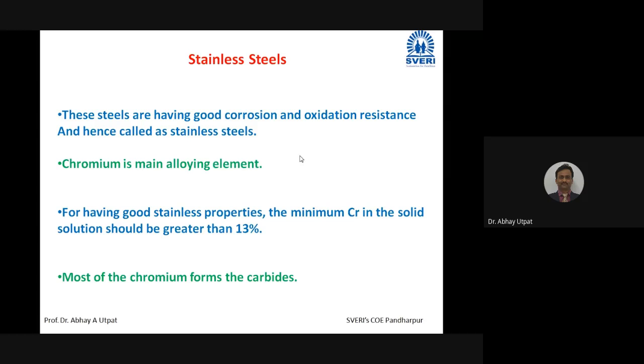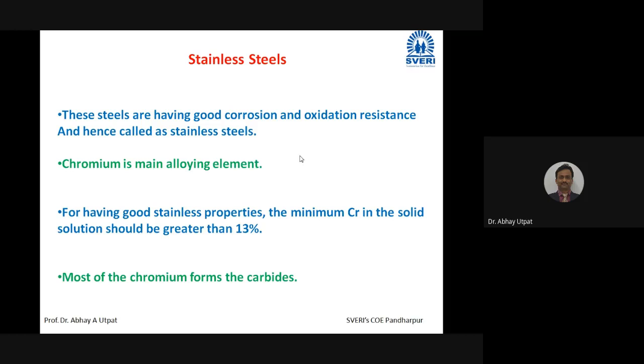The next statement is written, most of the chromium forms carbide. So most of the chromium forms carbide means its affinity for formation of carbide is more. Every element will act in different role. If you check the previous contents, what are the different roles? I will repeat once again for your understanding.